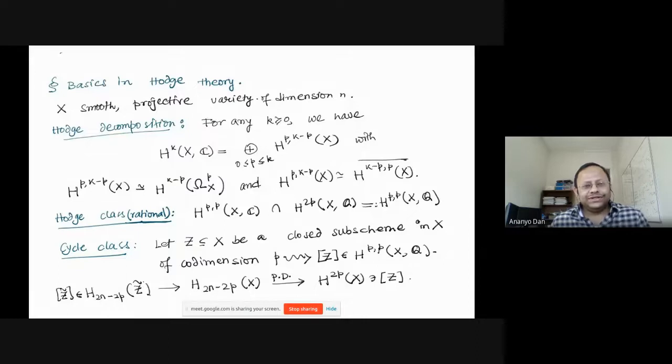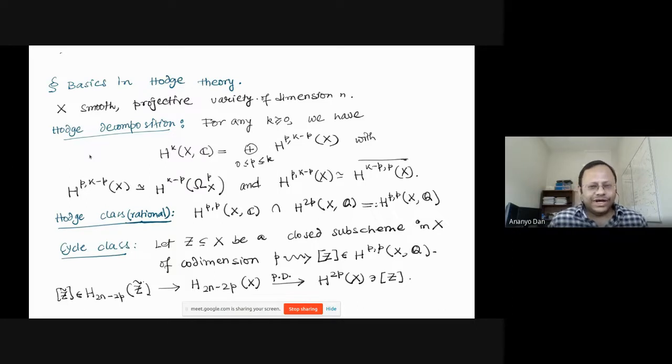So I start with a smooth projective variety of dimension n, and we have the well-known notion of Hodge decomposition, which tells us that for any integer k, we can write the kth cohomology of the smooth projective variety as a decomposition into these (p, k minus p) pieces, and you can identify each (p, k minus p) part with, in a kind of canonical identification, H^{k-p} of the sheaf of p-forms, a sheaf cohomology. The right hand side is a sheaf cohomology, and the left hand side is a bit more coming from harmonic analysis.